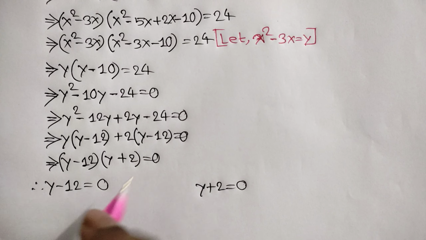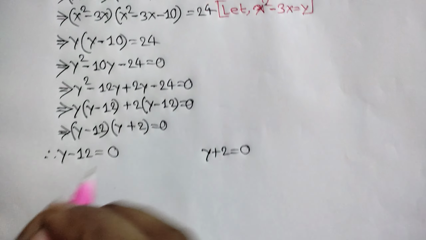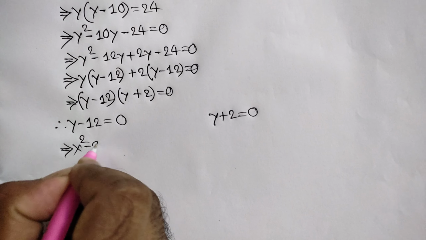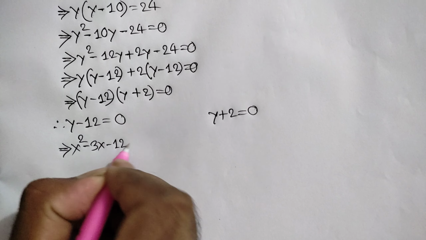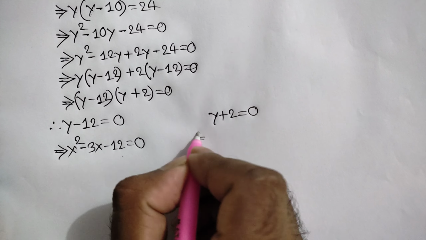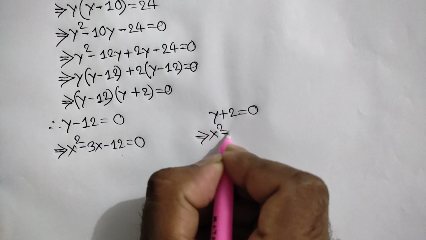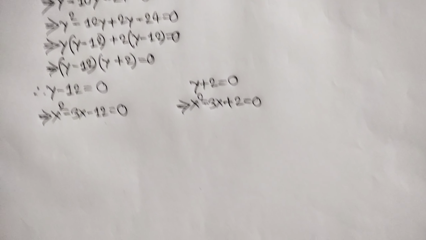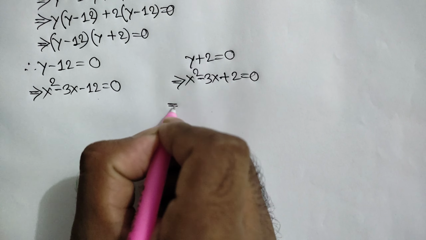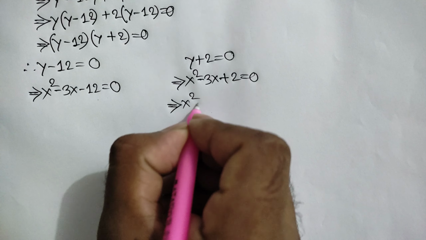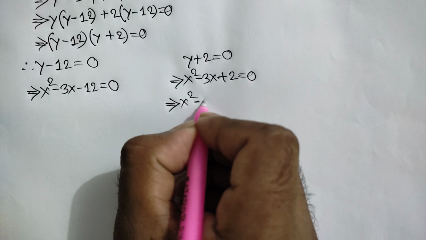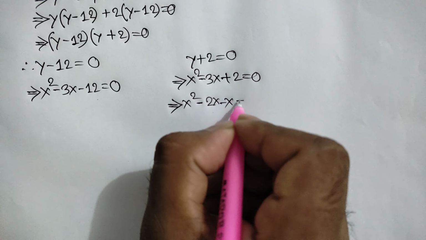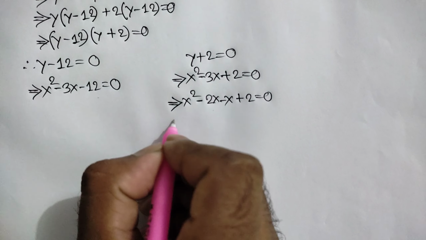But remember, let y is equal to x square minus 3x, so we can write x square minus 3x minus 12 is equal to 0 or x square minus 3x plus 2 is equal to 0. Now x square minus 3x can be written as x square minus 2x minus x plus 2 is equal to 0.